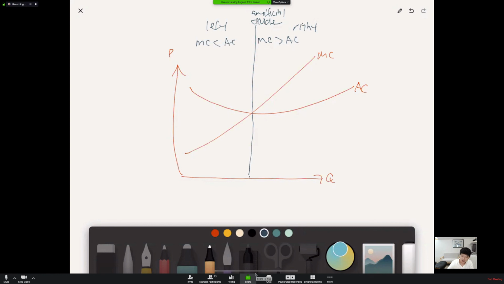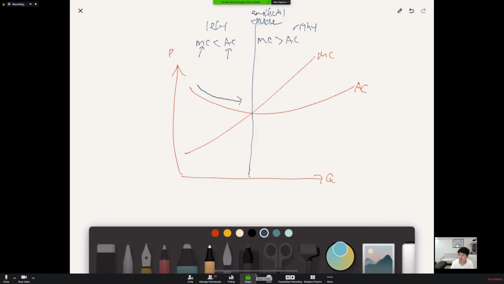On the left hand side, the height of the girl that I'm adding to the class is lower than the average height of the class, correct? What happens to the average height? It starts to fall.